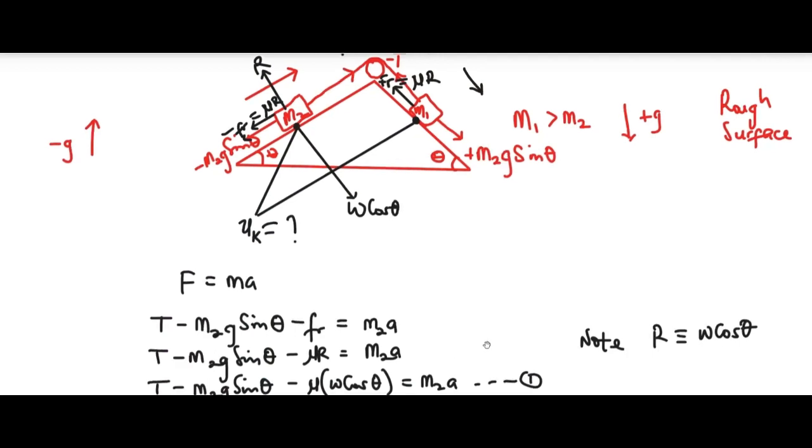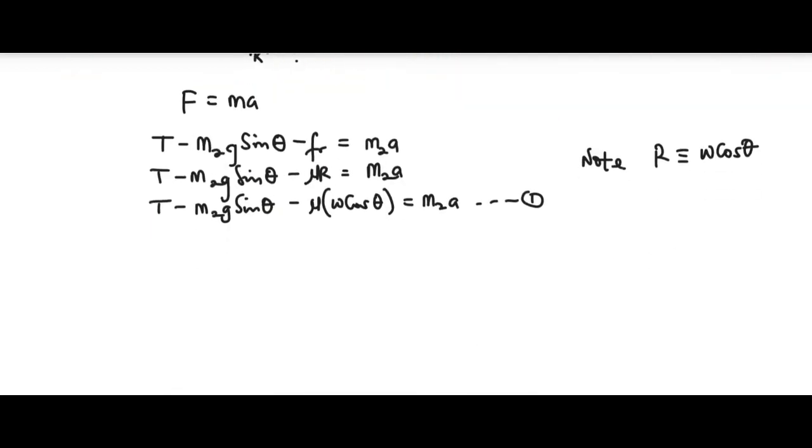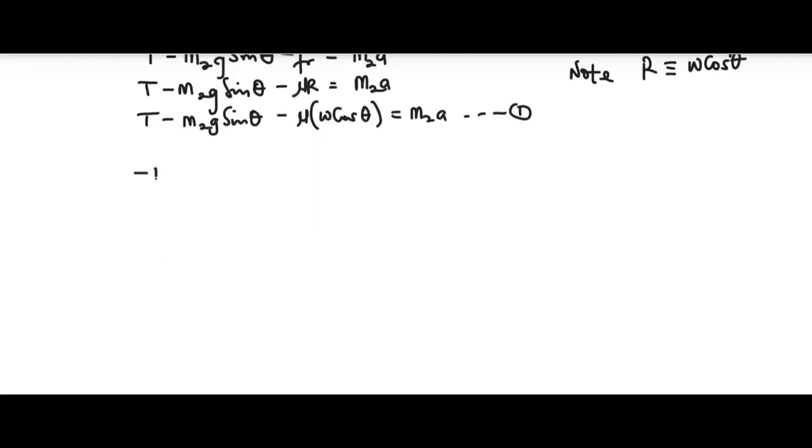So for the second side, what do I have? I have minus T minus Fr plus M1g sine theta equals M1a.